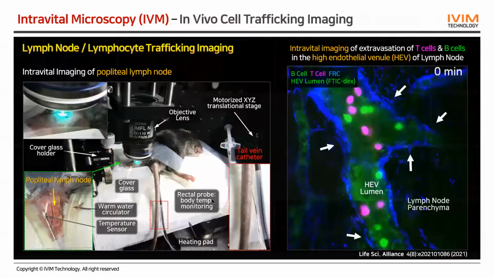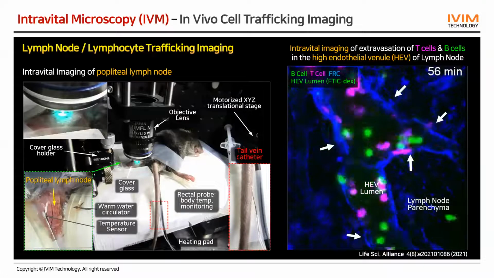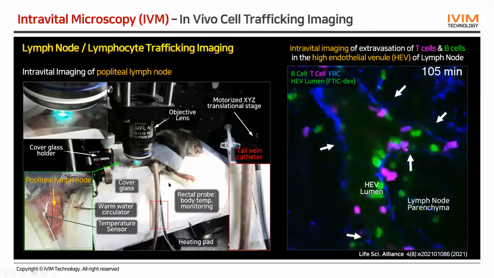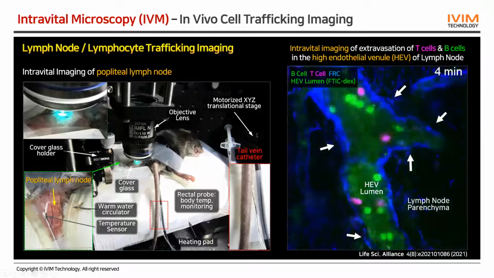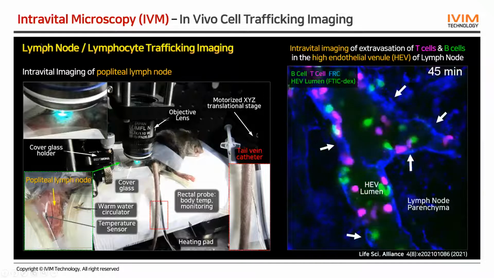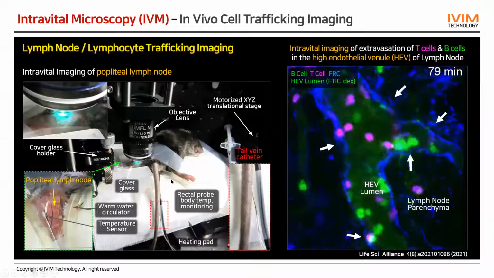Now I will show you several examples of dynamic video obtained from various organs inside the live animal model. This is the preparation of the animal model for imaging of the lymph node to image lymphocyte trafficking.